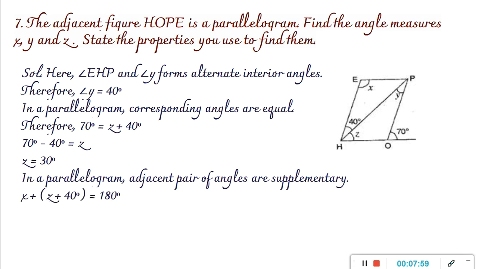So z plus x plus z plus 40 degrees is equal to 180 degrees. So z plus 70 degrees is 180 degrees. So 180 minus 70 is equal to 110 degrees. So we got all the angles. x is equal to 110 degrees, y is equal to 40 degrees and z is equal to 30 degrees.